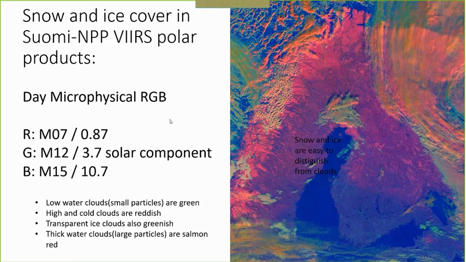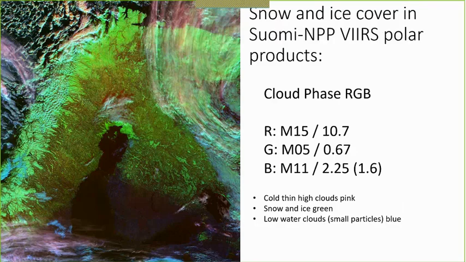But I can see that we are running out of time already, so I have just 2 more products to show you. This one is Cloud Phase RGB, and we just noticed before the presentation that there are several similar products, and they use the 1.6 channel, and our production has been using 2.25.